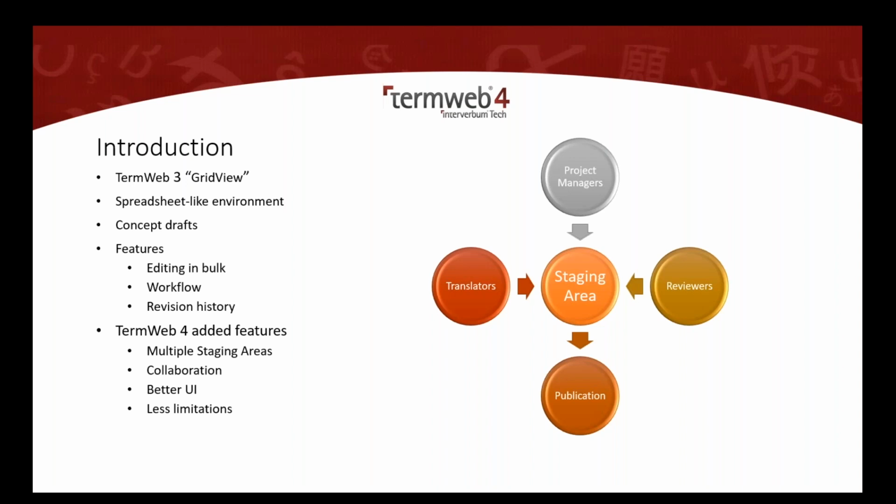We've also improved the UI for staging areas compared to TermWeb 3, and there are a lot fewer limitations, for example on the number of terms in each staging area. In grid view, you could only have 100 terms visible at once, and there's no such restriction in TermWeb 4.